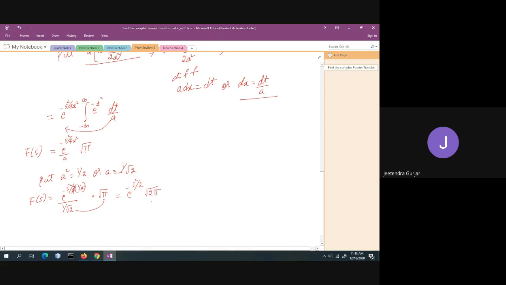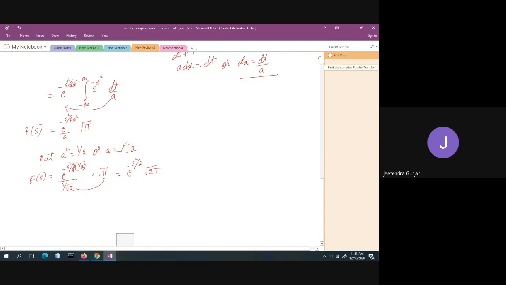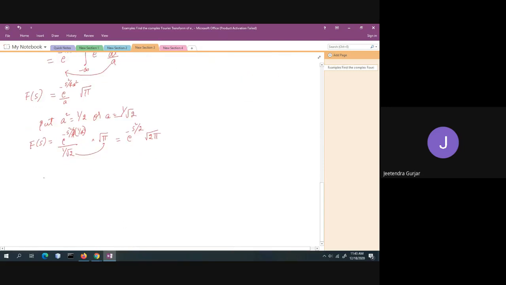But remember, f of s is equal to, and 1 upon 2 is nothing but a square. We have already substituted the value. So again I will simplify. This will become e raised to minus a square s square upon 2 pi. Can you see? Is it reciprocal or not?